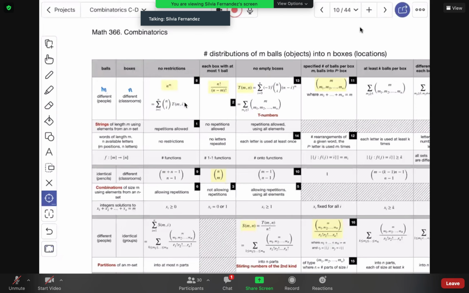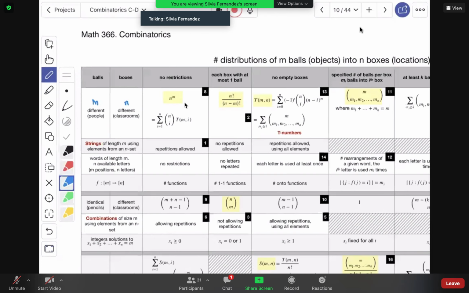You have m different balls going into n different possible locations, the codomain. And so the number of such functions is just going to be n to the m. So this is what we had earlier. This would be, if you want to relate to our previous table, empty boxes allowed.